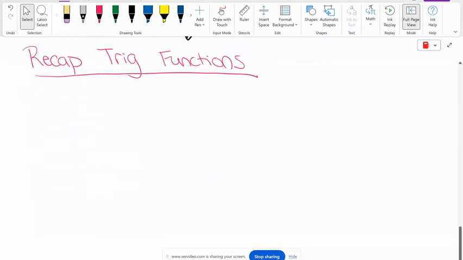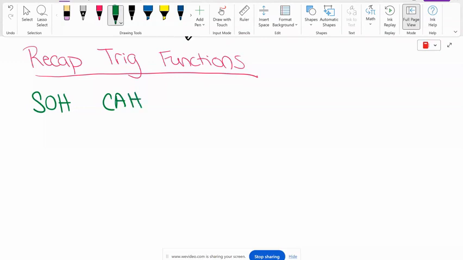When I say let's recap our trig functions, what special word am I thinking of that helps you? You got it, SOHCAHTOA. It's all about the SOHCAHTOA. So SOH goes with sine.